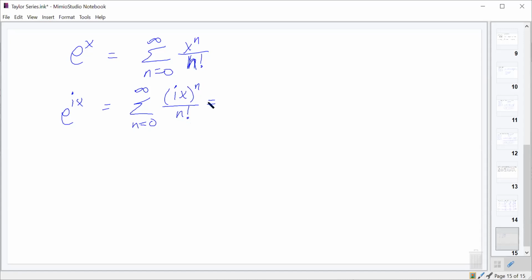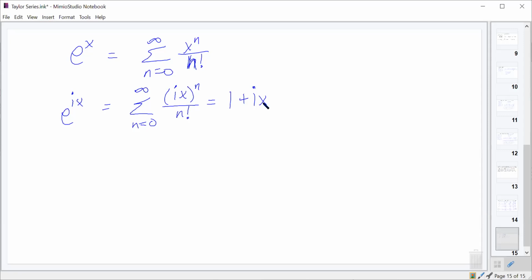What's the first term? At n equals 0, anything to the 0 is 1. So what's our first term going to be? Just a 1. And then when n equals 1, we're going to get plus ix. I don't need the over factorial.